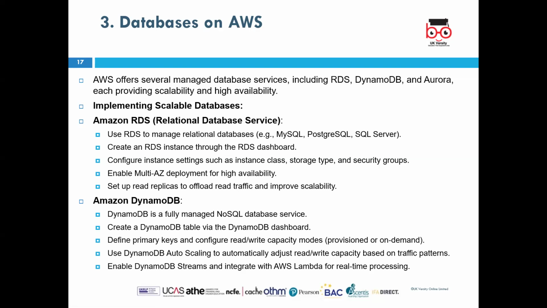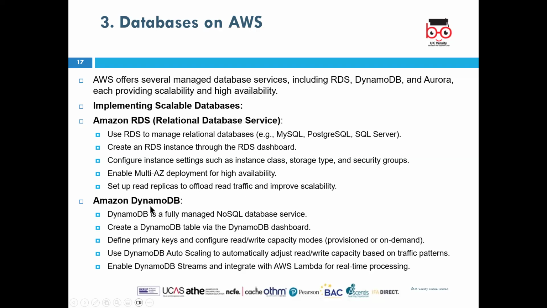Amazon RDS is used to manage relational databases such as MySQL, PostgreSQL, SQL Server. So what do we do? We create the RDS instance through the RDS dashboard, configure the instance. Then we enable multi-AZ deployment for high availability. Set up read replicas to offload read traffic and improve scalability.